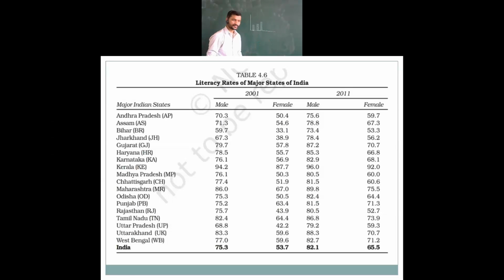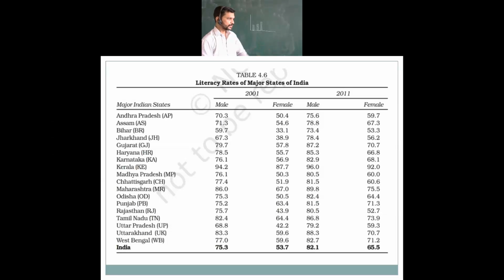See, if we go through this information, this is the information which was collected at the time of the census. Most probably it is collected every 10 years, so after 10 years a census survey is conducted. Which is the highest state with the literacy rate?